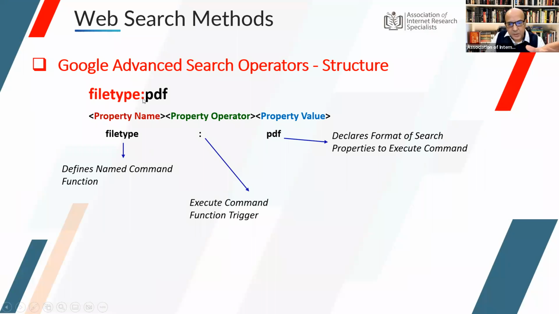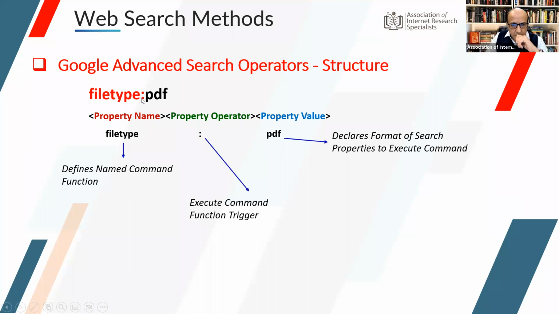This is pretty much the same for all of the advanced operators, with the exception of a few. The format is exactly as it is shown here. The filetype is what we call a property name. That's the technical term. And unless the colon sign is attached to the word itself, without any gaps, it is not going to have any meaning.